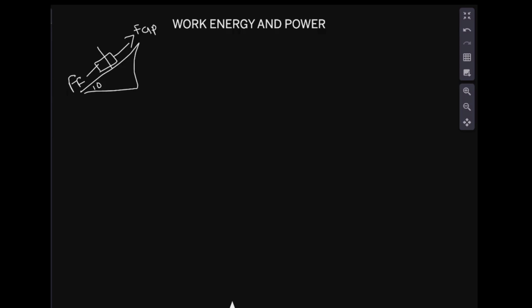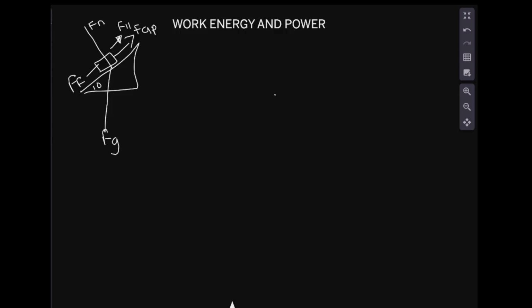Then perpendicular to the slope there will be F normal. Then down like that there will be Fg, right? But moving up with the car will be F parallel.